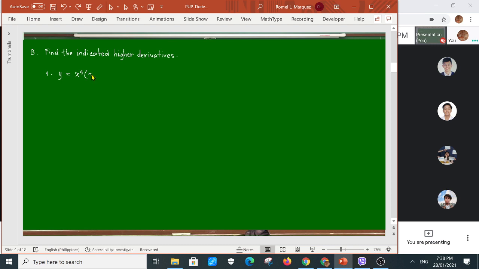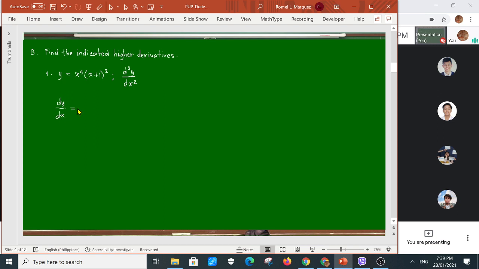I want to find the second derivative of y, meaning y double prime, with respect to x. So look at how notations are written, guys. Let's now get the derivative. This is considered a product, no? How to get the derivative? First derivative muna, derivative of y with respect to x.